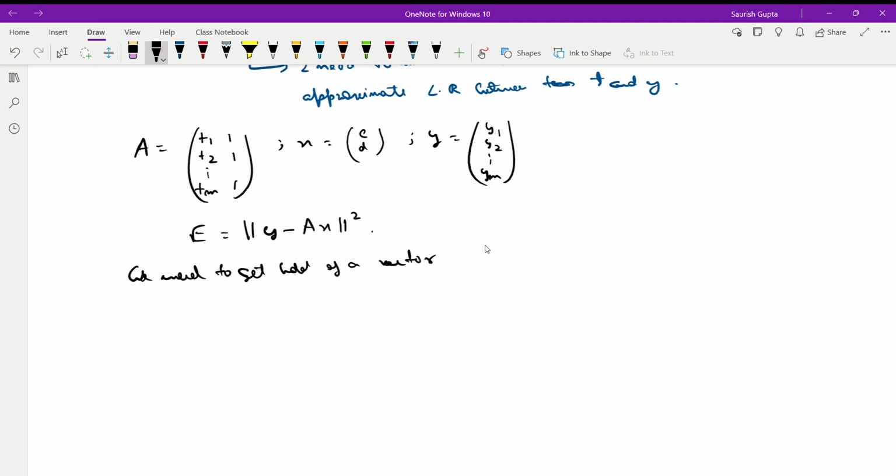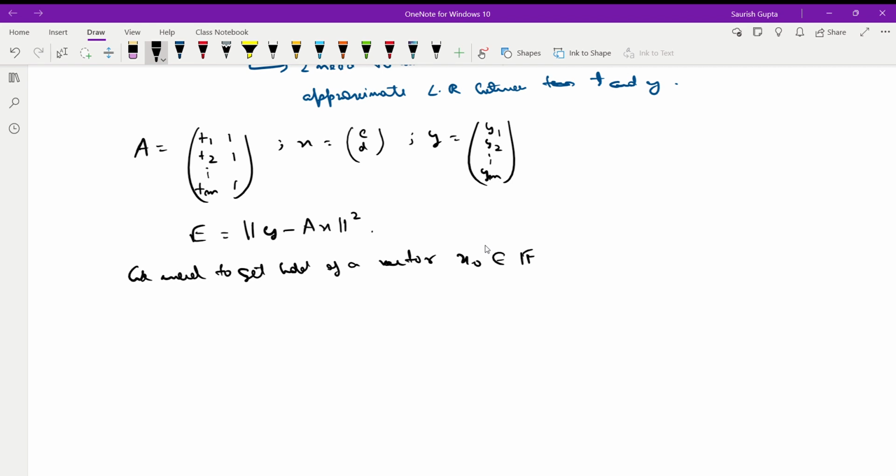So if I want to minimize E in terms of C and D, I must get hold of scalars, say C naught and D naught, such that we get a minimum value of E in some sense. And to get C naught and D naught for E to be minimum, we need to get hold of a vector X naught, where X naught is precisely the column vector C naught, D naught.